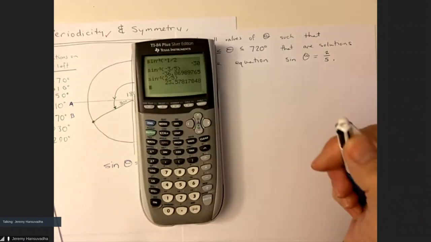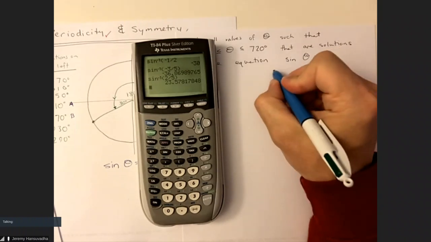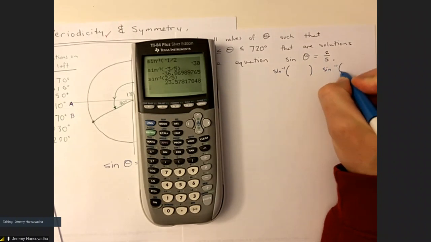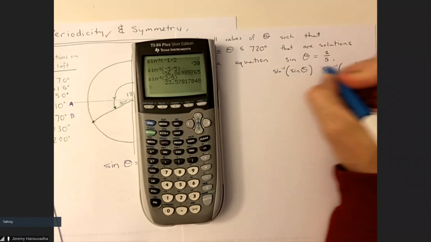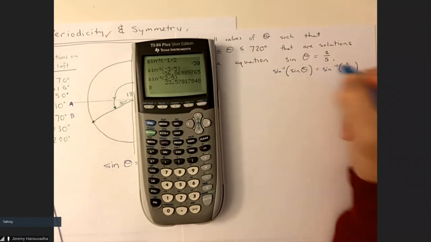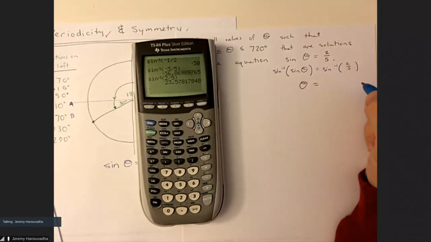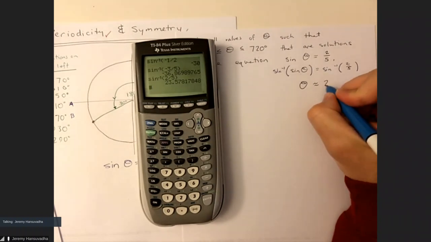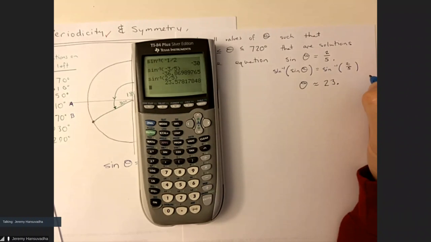So again, if we did inverse sine of the left, inverse sine of the right, we get that theta is approximately equal to, that looks like 2/3. Let me make my handwriting better. All right, so this is going to be 23 point, if I round that, it's going to be 23.6 degrees.